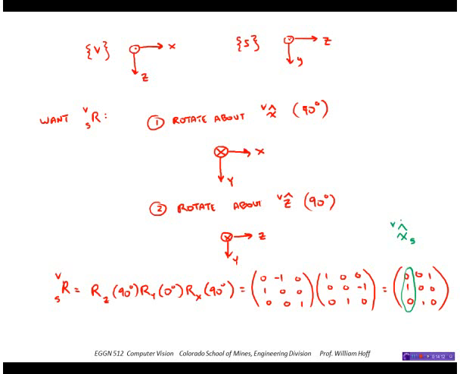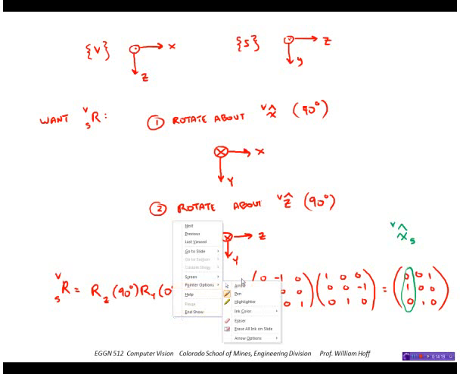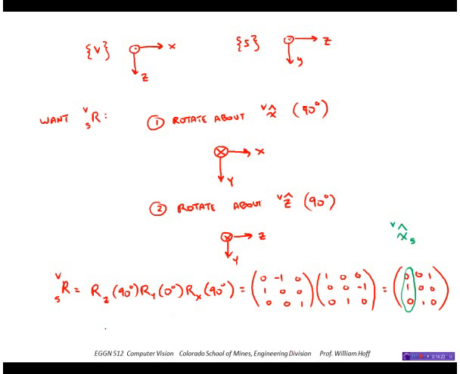So it looks like it checks out. So finally, we're going to have the full transformation matrix from sensor to vehicle as this rotation, and the translation was 1, 0, minus 2.